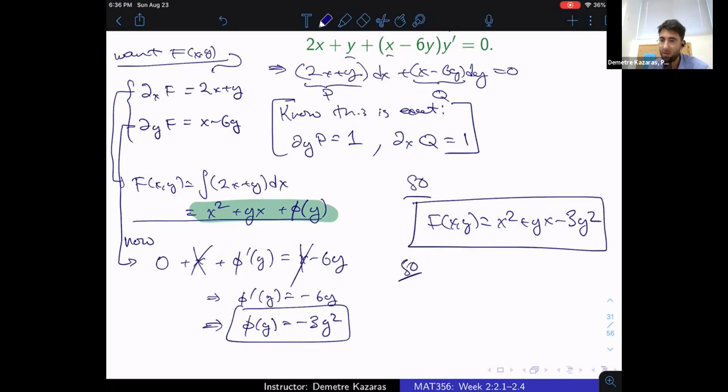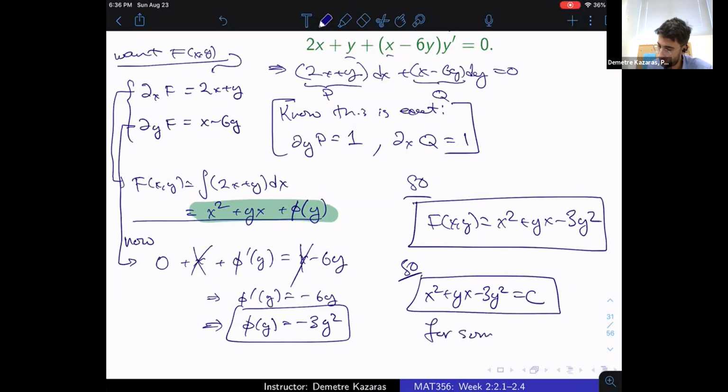So what is the equation which implicitly defines y in terms of x? Well, it is x squared plus yx minus 3y squared is equal to a constant. And as usual, let's just write c for some c.